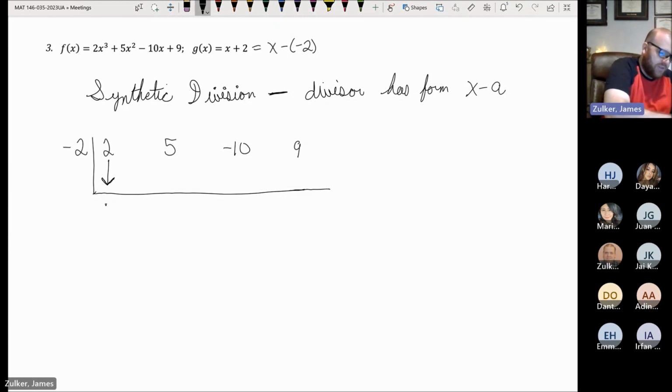First number just drops down. 2 times -2. Add 5. Times -2.